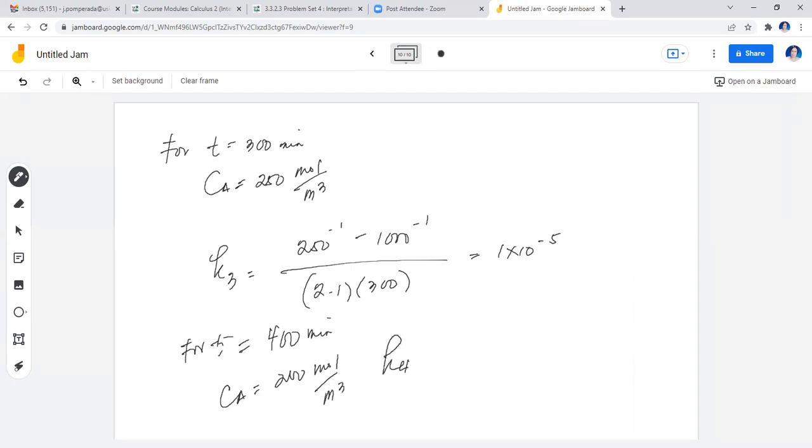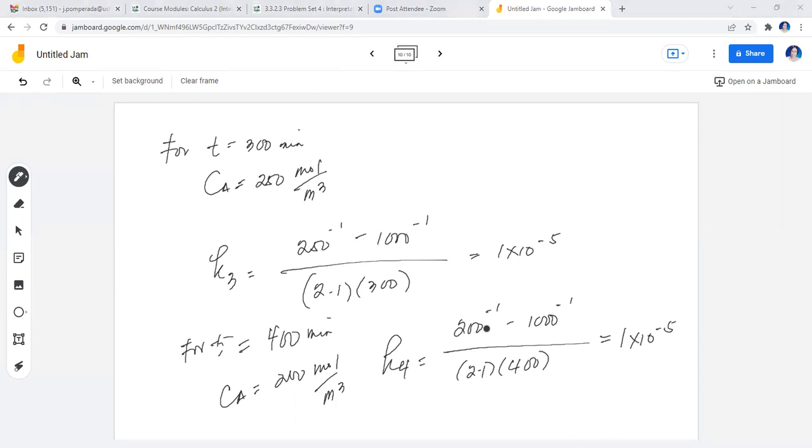Your K4 is equal to 200 raised to negative 1 minus 1,000 raised to negative 1, over 2 minus 1, and I have here 400. Let's see if it will be the same. Answer is 1 times 10 raised to negative 5.